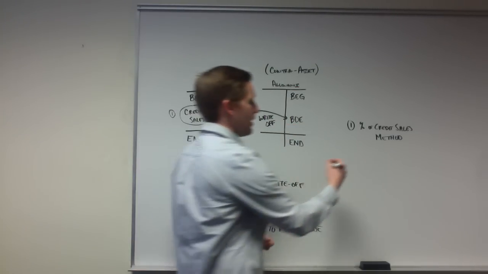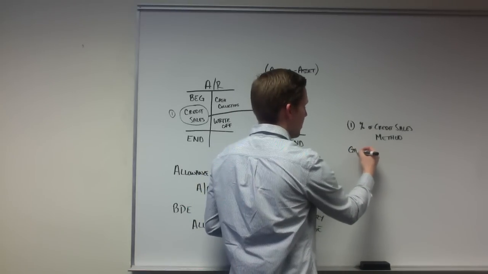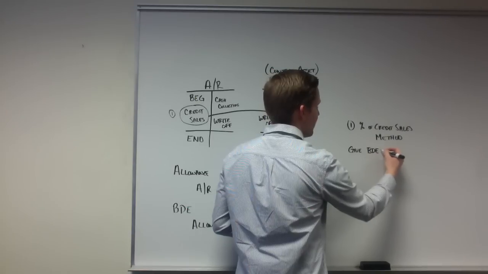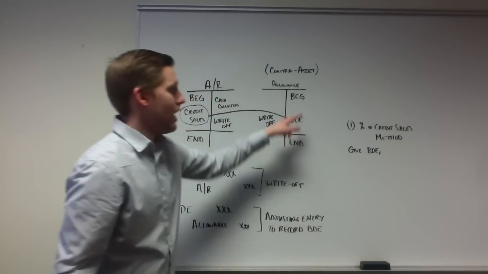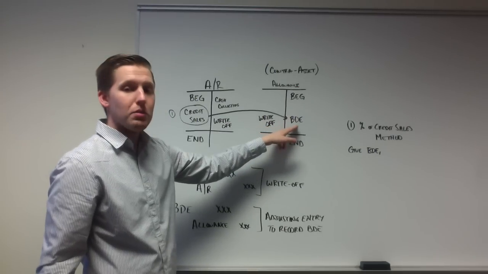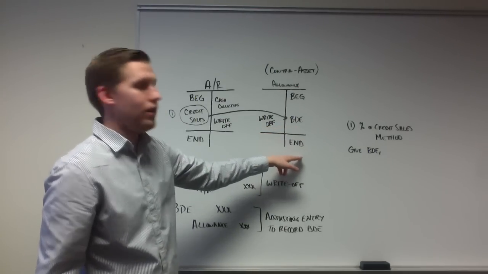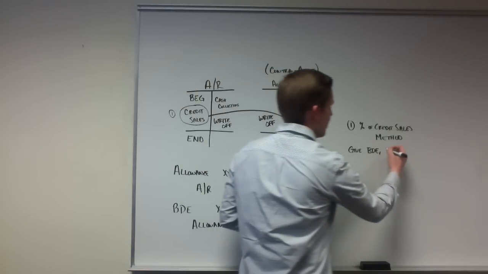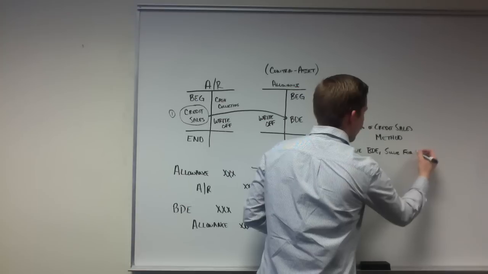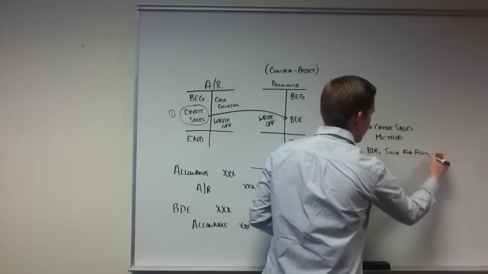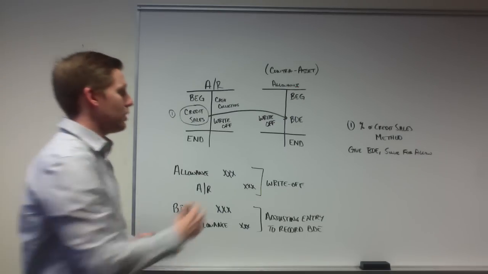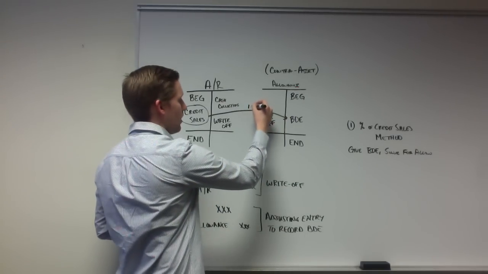So this method is going to give you your estimate for bad debt expense, and then we're going to have the beginning balance, the write-offs, and bad debt expense, and we can solve for our ending balance. So we're going to solve for allowance. That's more of the income statement approach. I'm going to write income statement right there.